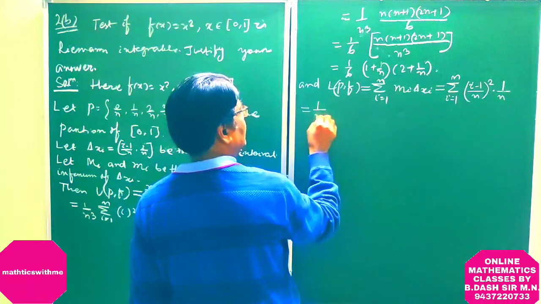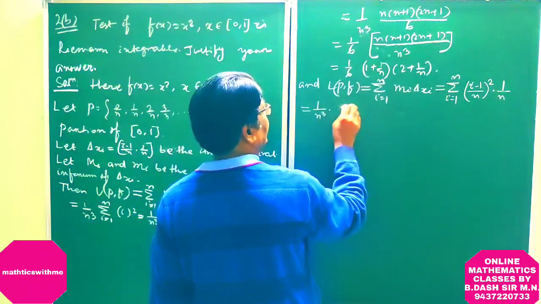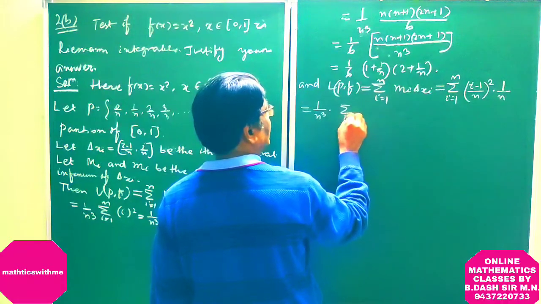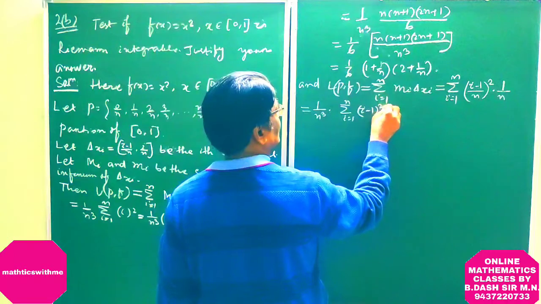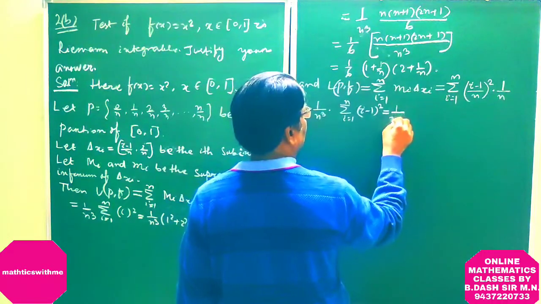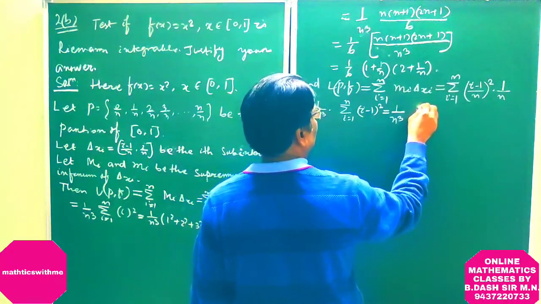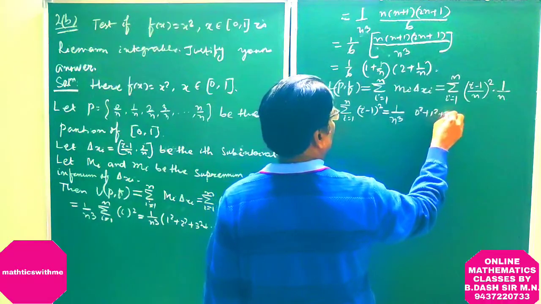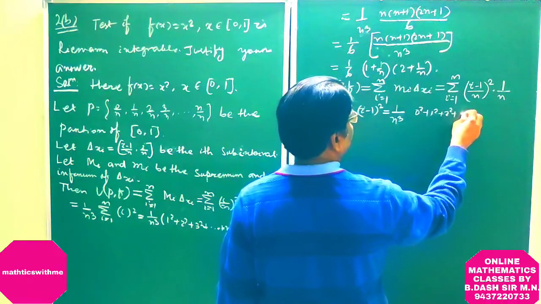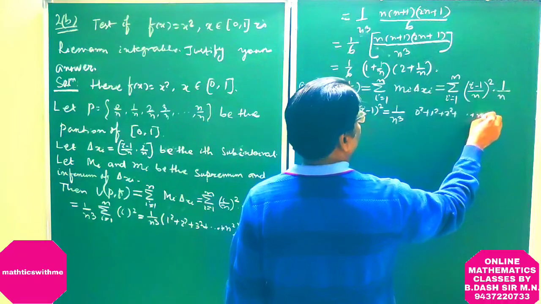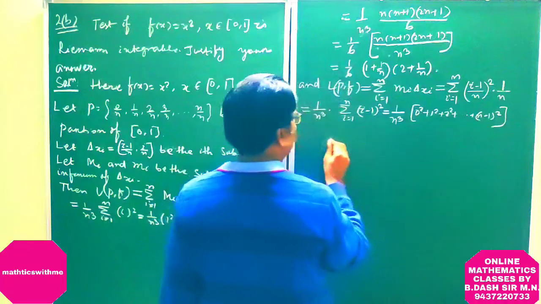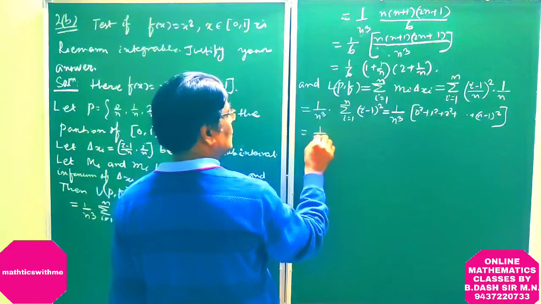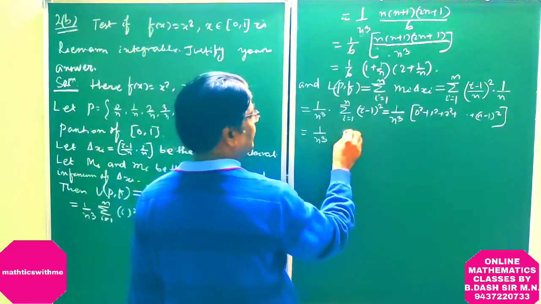This is 1 by n cube summation i is equal to 1 to n (i minus 1) whole square. This is 1 by n cube times (0 square, 1 square, 2 square plus dot dot dot plus (n minus 1) whole square). So this is equal to 1 by n cube.